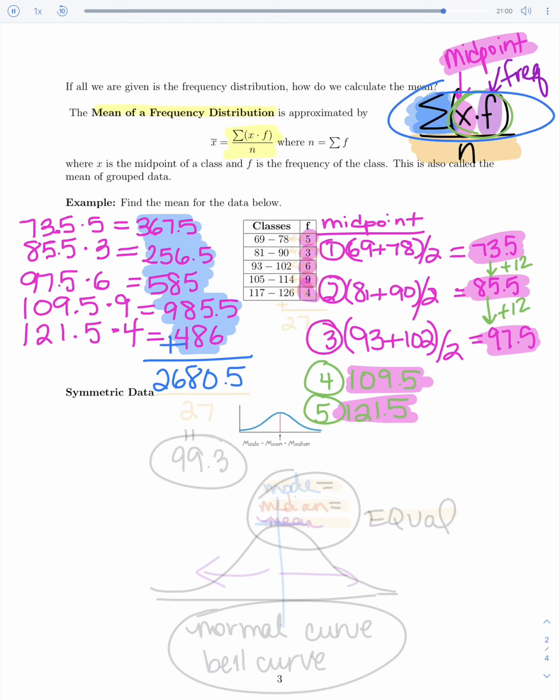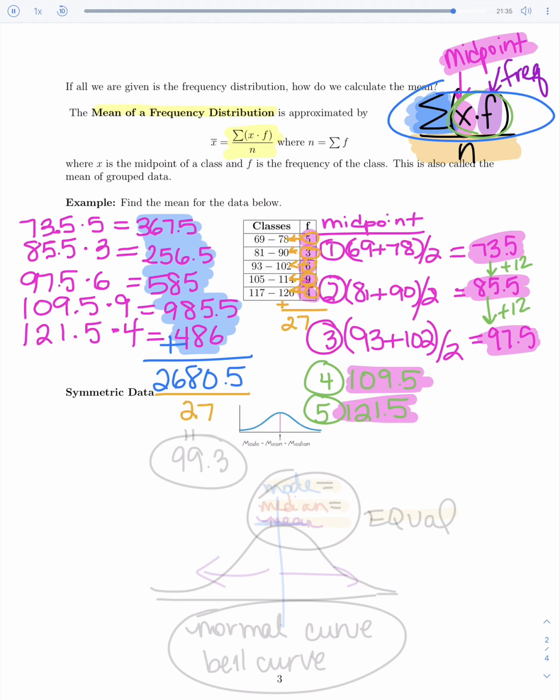I still have to figure out what I'm going to be dividing by, which is how many numbers did I have. Well, I had 5 numbers from this class, 3 from this class, 6 from this class, 9 from the second to last, and 4 from the last one. So to figure out how many numbers I had total, I need to add up all those numbers. I had 5 from the first, 3 from the second, 6 from the third, 9 from the fourth, and 4 from the last, which is a total of 27.